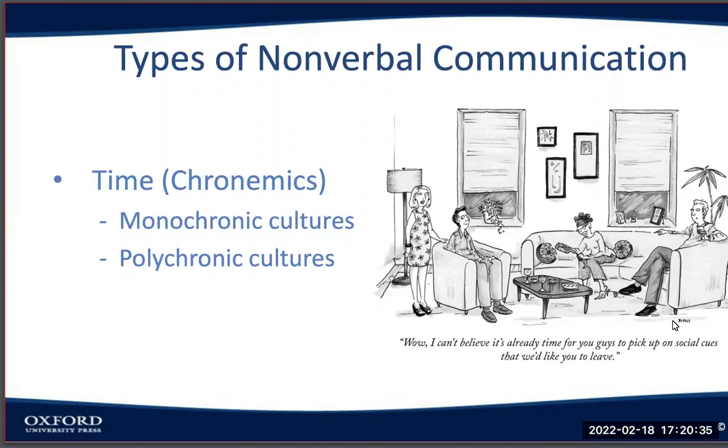In North America, German and Swiss culture, they look at monochronic time, which is more focused on punctuality, schedules, and completing one task at a time, versus in South American cultures and some Arab cultures, they are more polychronic with flexible schedules and multiple tasks pursued at other times.